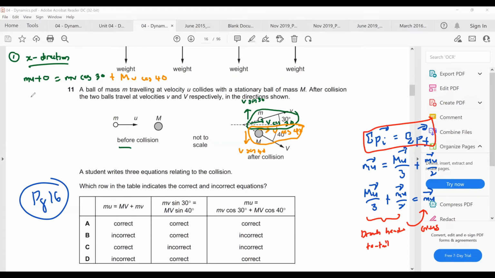So this would in turn be mu equals mv cos 30 plus mv cos 40.